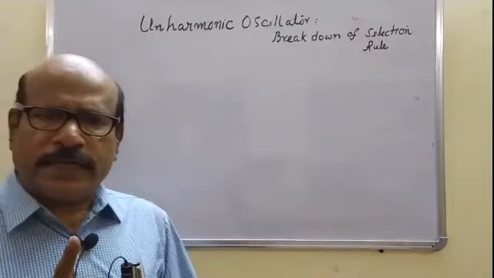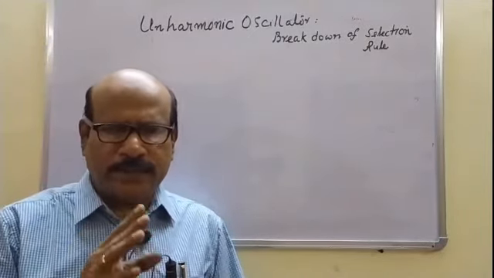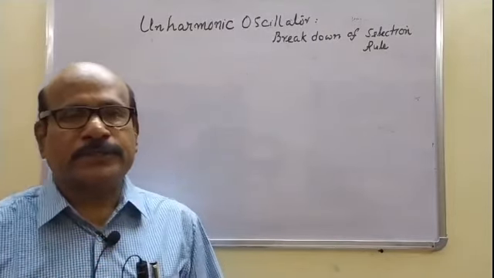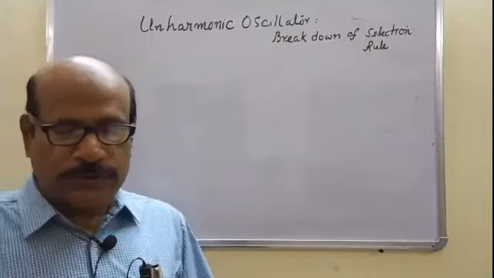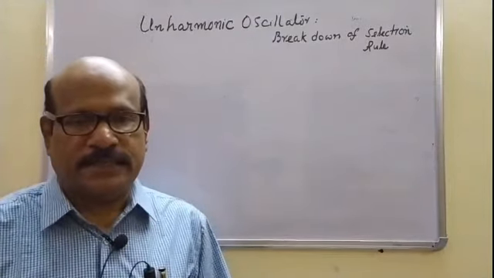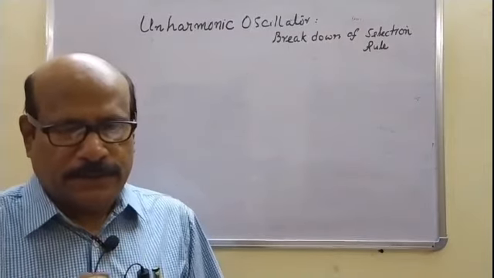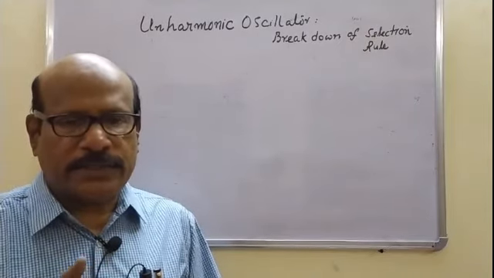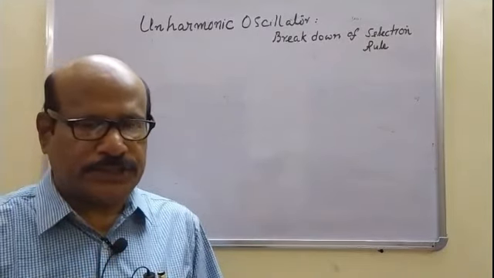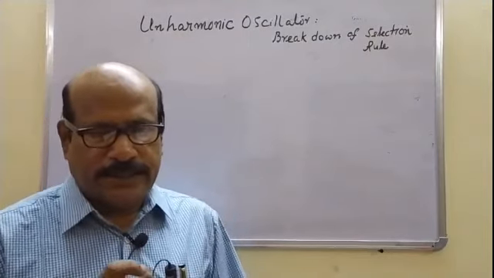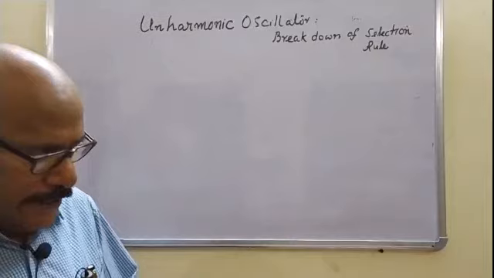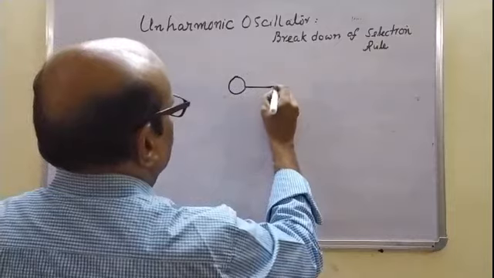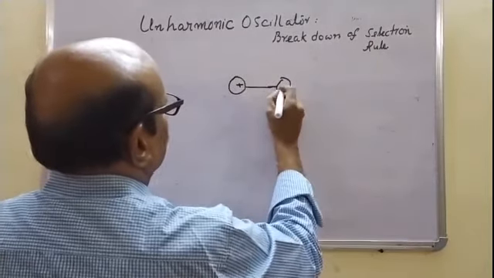But that is not the case for an actual molecule. Real molecules are not ideal simple harmonic oscillators; they show some sort of anharmonicity. How does it arise? Let us explain. Consider a diatomic molecular system in the equilibrium position.